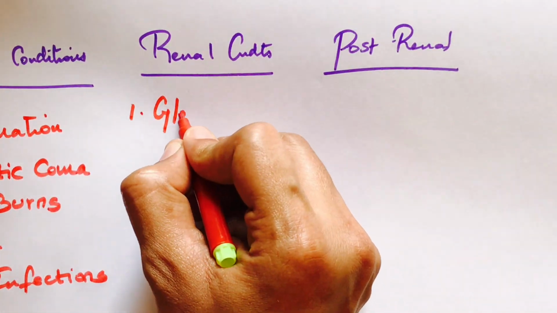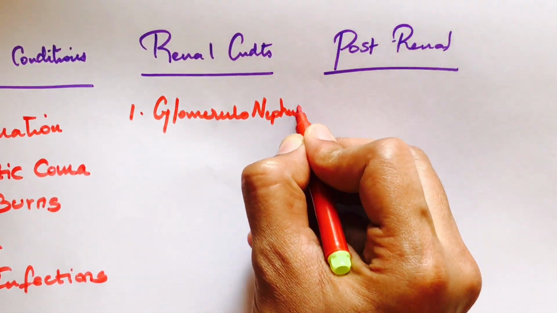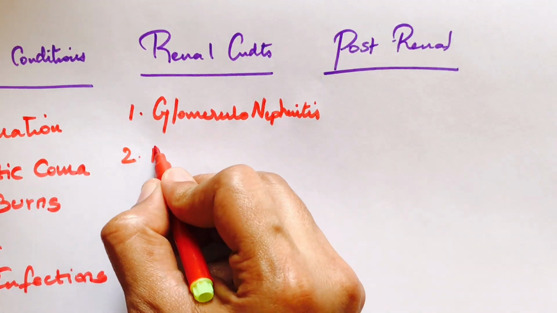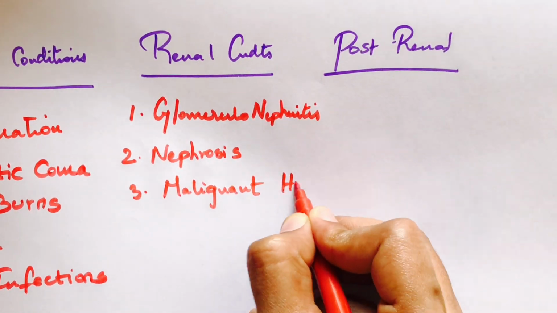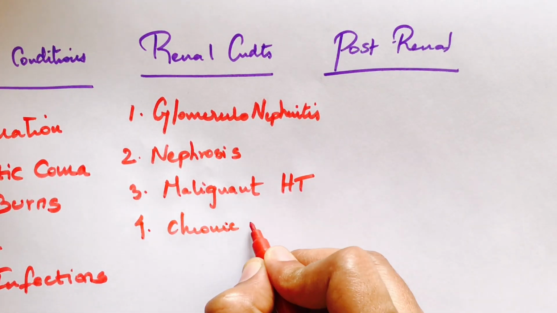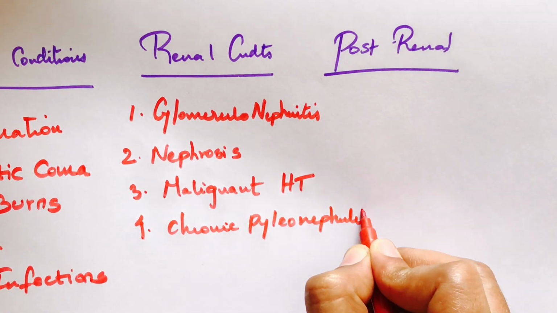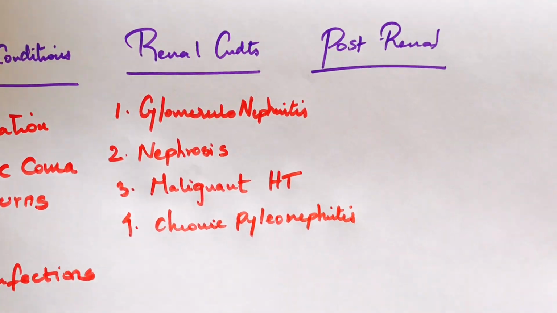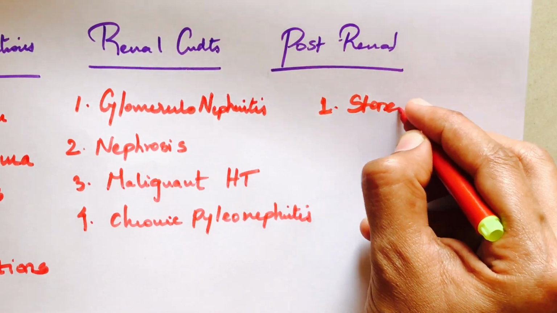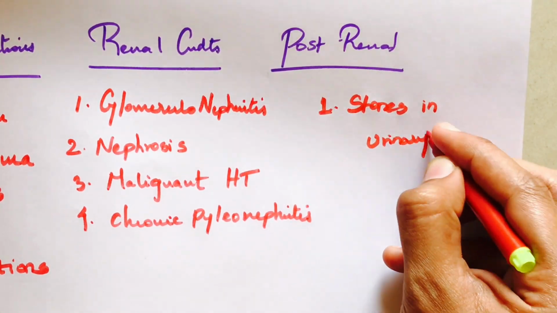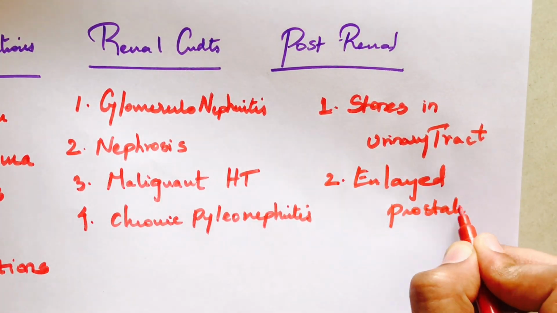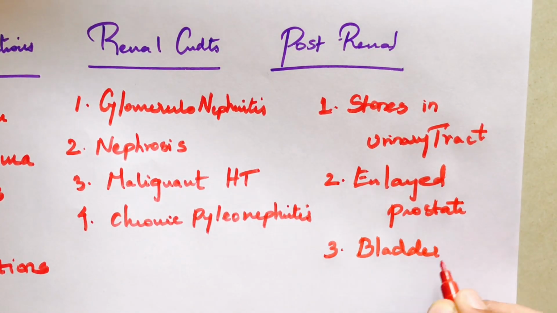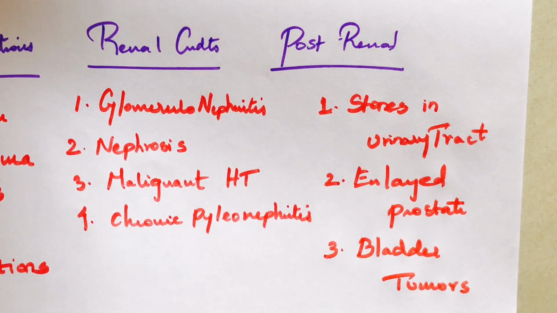And the renal conditions are glomerulonephritis, nephrosis, malignant hypertension, chronic pyelonephritis. The post-renal conditions are due to stones in the urinary tract, when there is an enlarged prostate, and in case of bladder tumors.